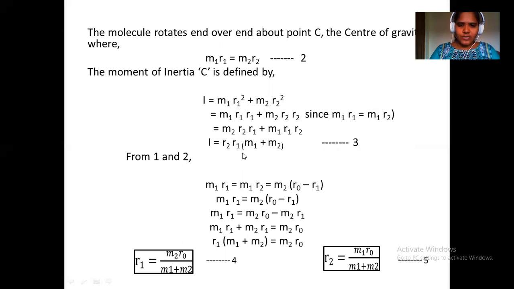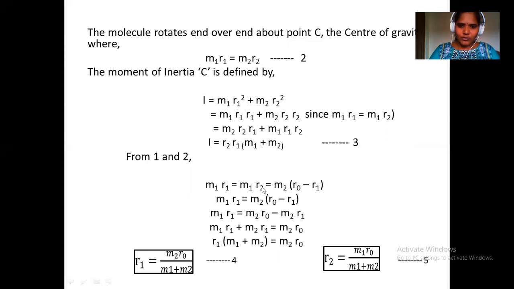Now, using the first and second equations, we can calculate R1 and R2. Instead of R2, I can substitute R0 minus R1, because R0 is equal to R1 plus R2.